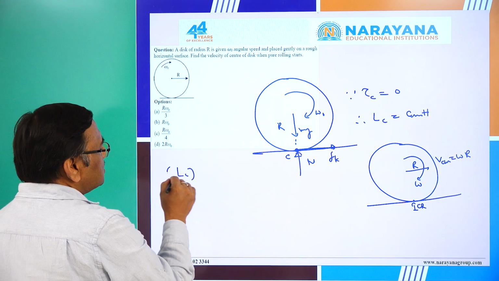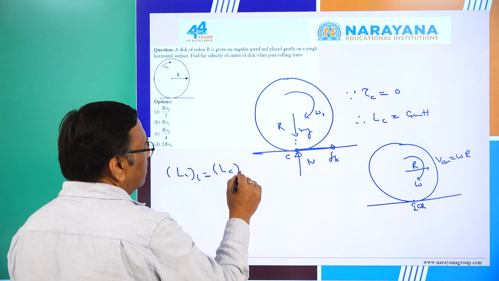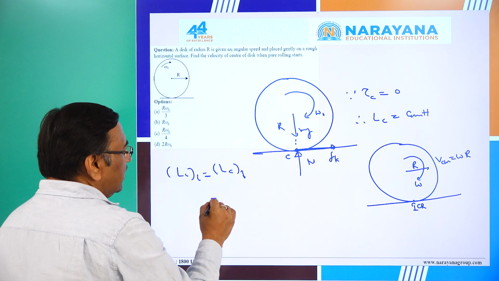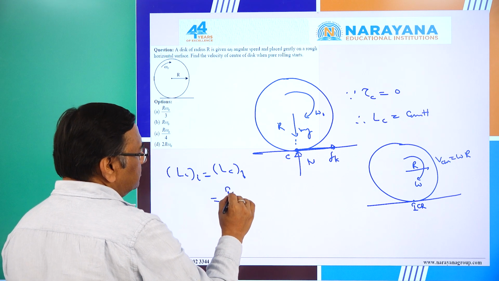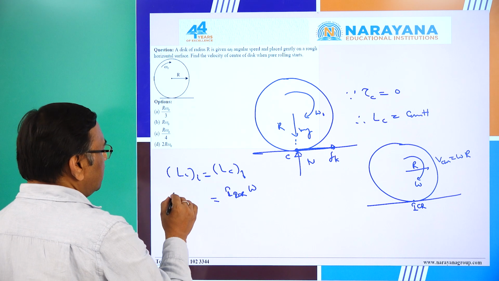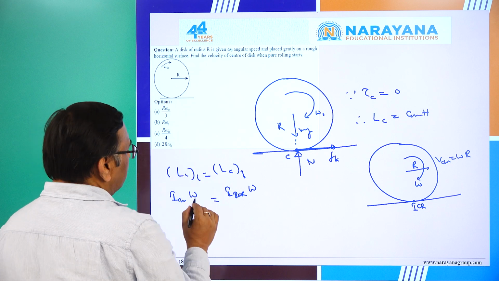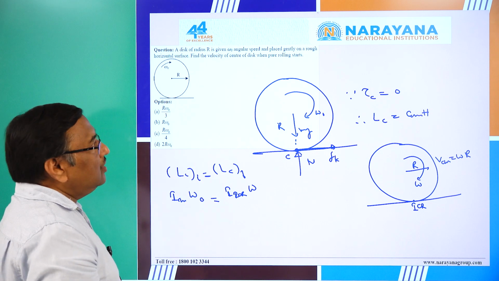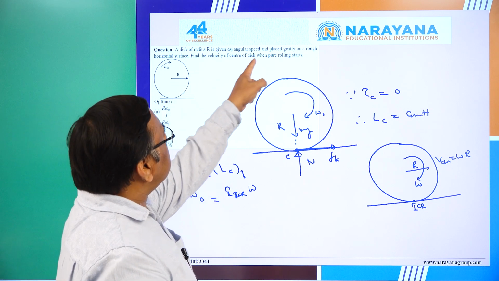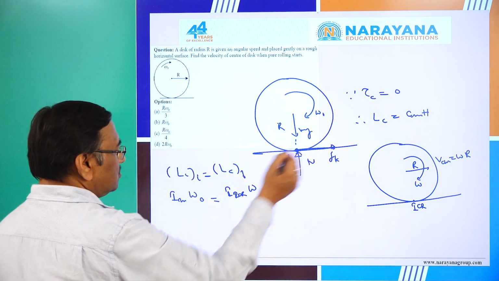I write L about C initial, and L about C, that is contact point, final. Final is I about ICR into omega. L initial is I about center of mass into omega naught. Initial angular velocity is given to be omega naught. He is asking what is the velocity of center of mass, so I have to find omega. We can find from there velocity of center of mass as omega r.